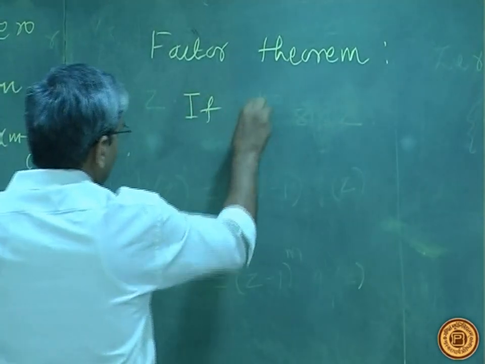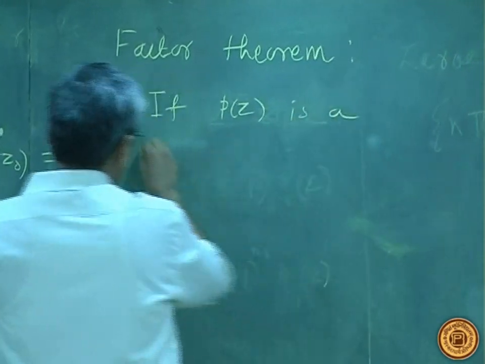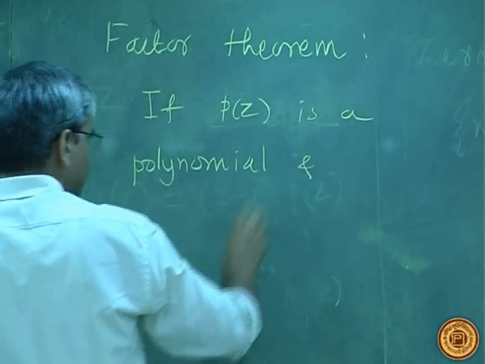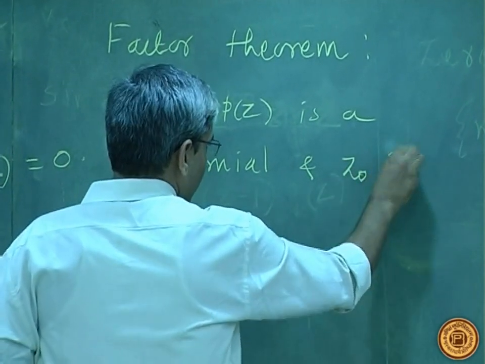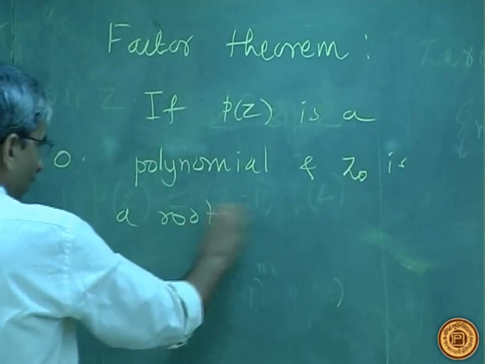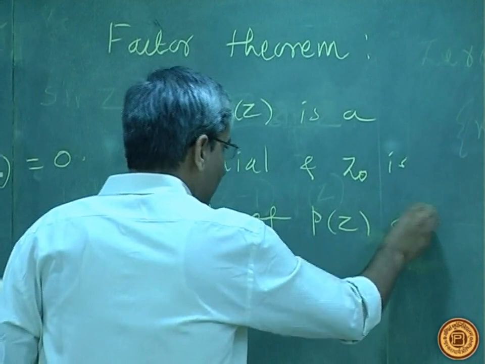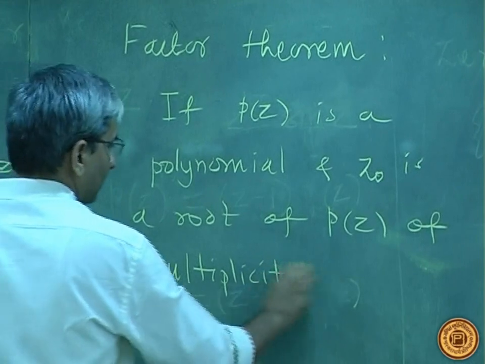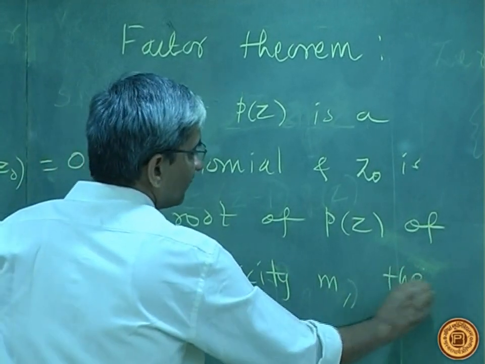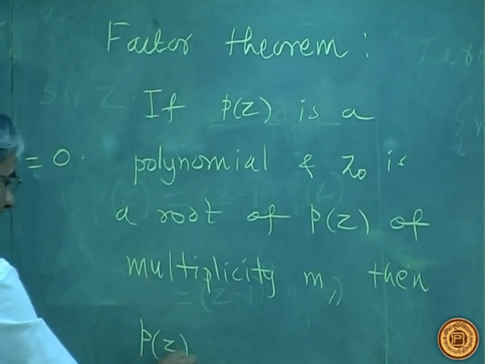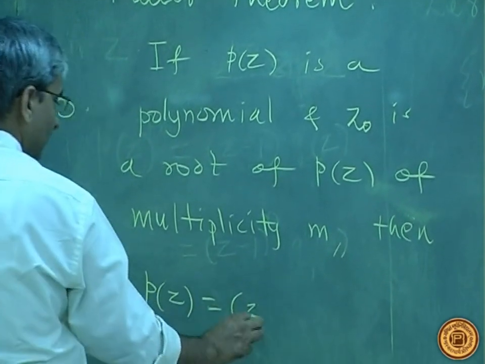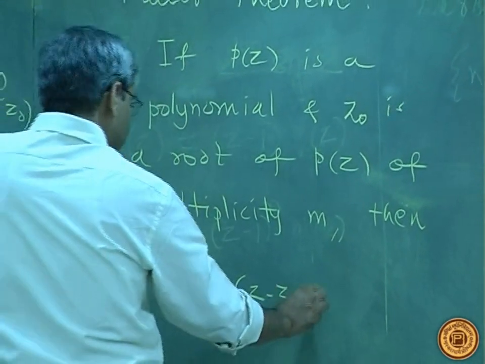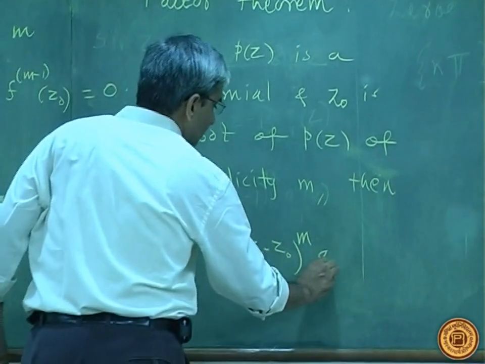If P(z) is a polynomial, and z naught is a root of P(z) of multiplicity m, then P(z) can be written as, so I am assuming that it is monic and all that, but that is all right, (z minus z naught) raised to m into Q(z).